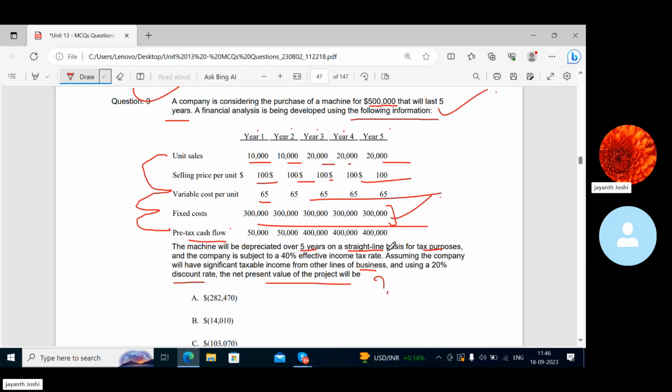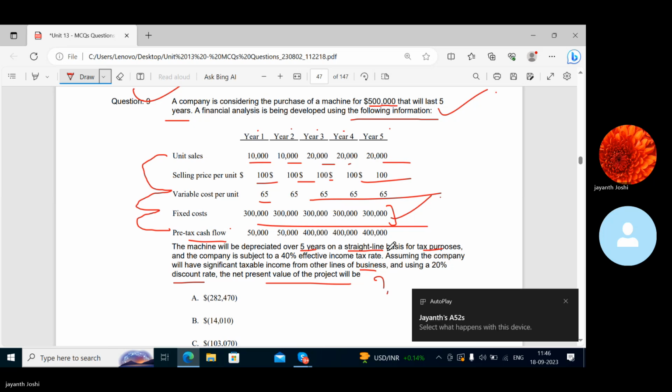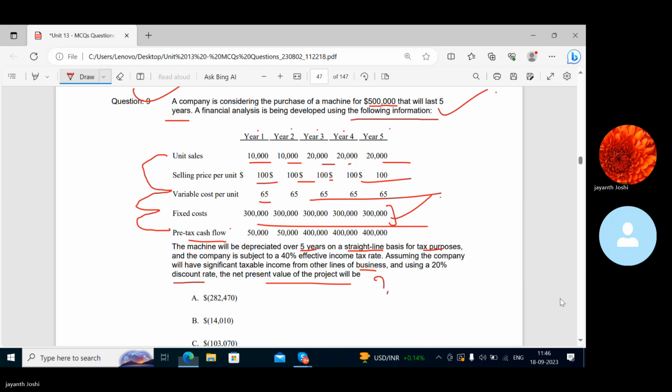After deducting tax, we have to apply the 20% discount rate. First you have to take the after-tax cash flows and discount them to get the discounted cash inflows.